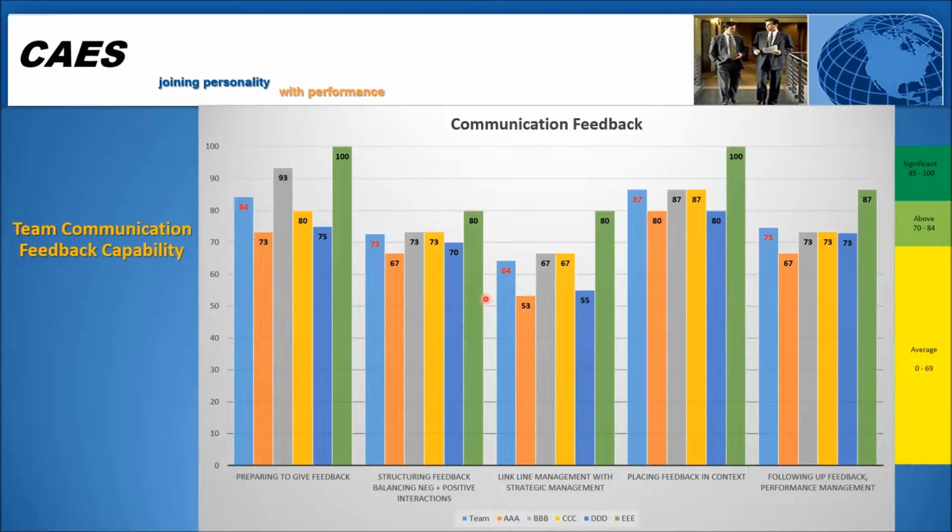What is interesting to me is this one element of feedback where we see a general tendency for our people not to make that connection and to provide that feedback either downstream or upstream between strategy and line management.